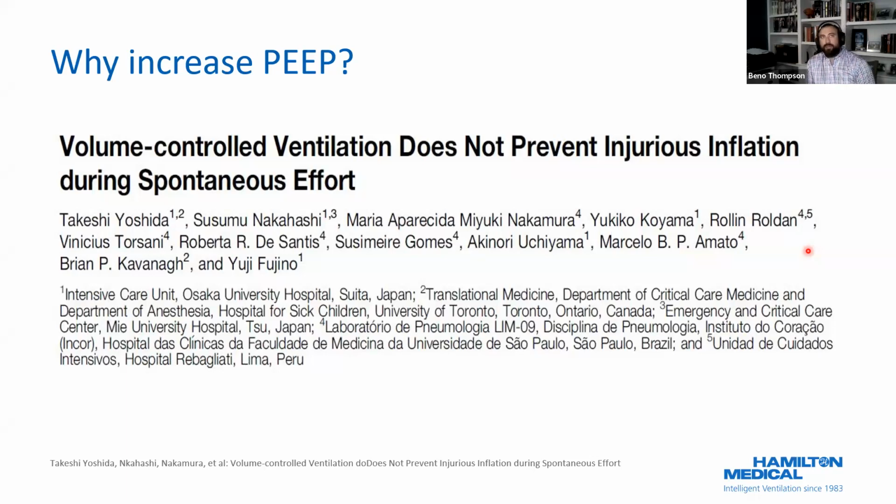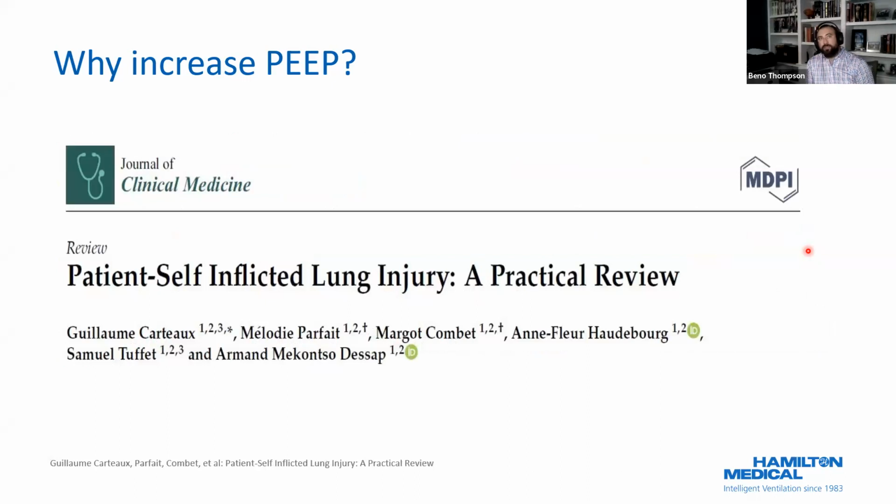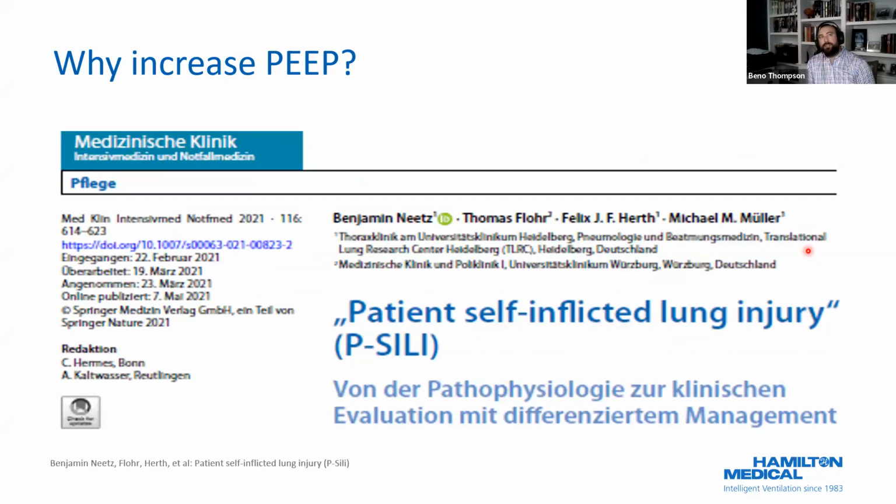And what every one of these found, so this was by Yoshida, this one's by Guillaume Carteaux, and this one's by Neitz. I could not find one that's in English. I had to call up my Hamilton colleague in Germany and have him read it to me.